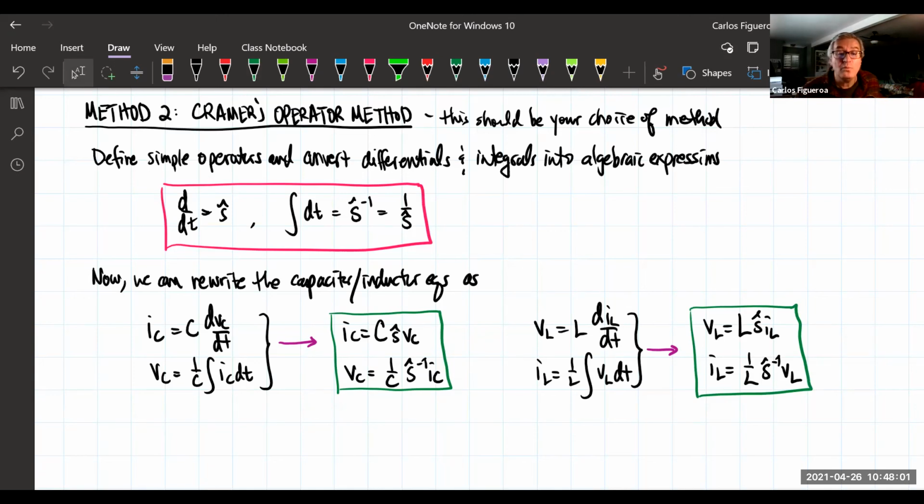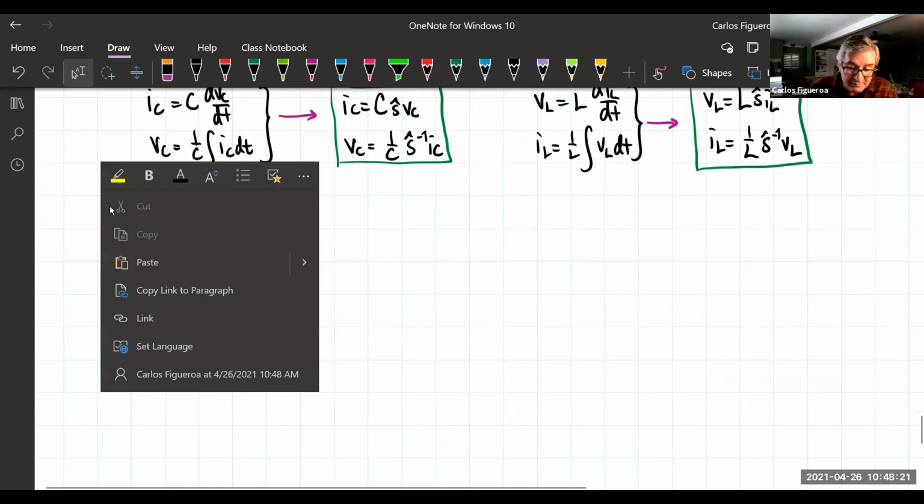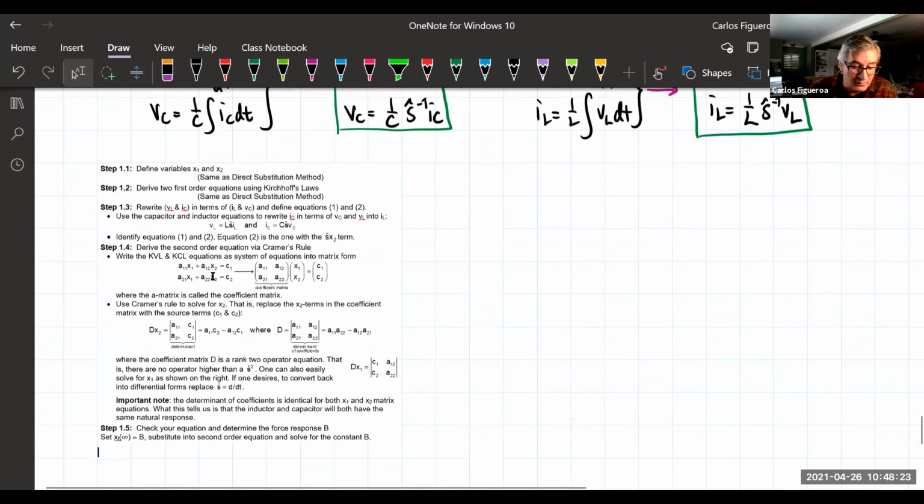The reason it's such a game changer is that we then can write a matrix equation for these operators, and it becomes powerful. We won't have time, but let me paste it in here really quick so you can see where I'm headed.